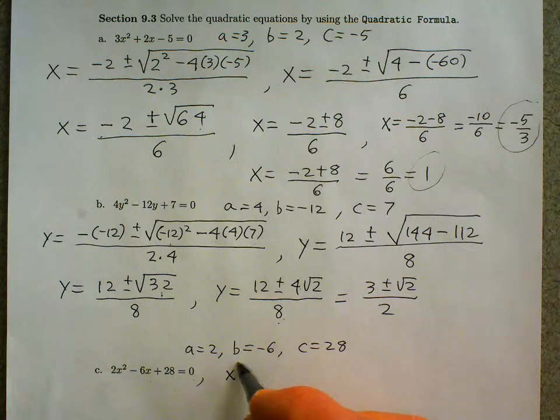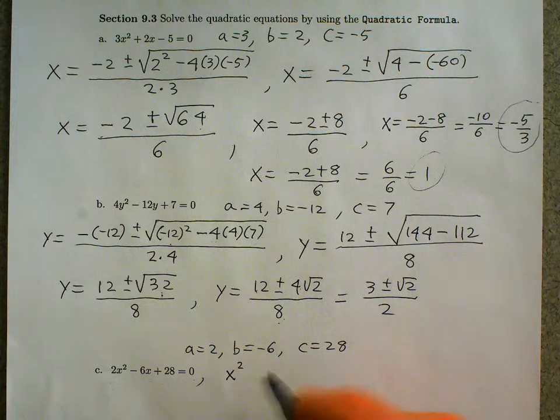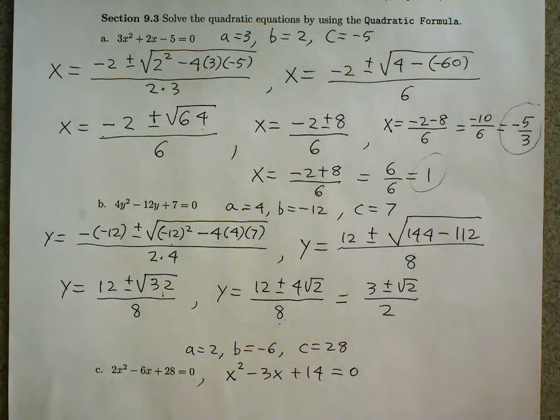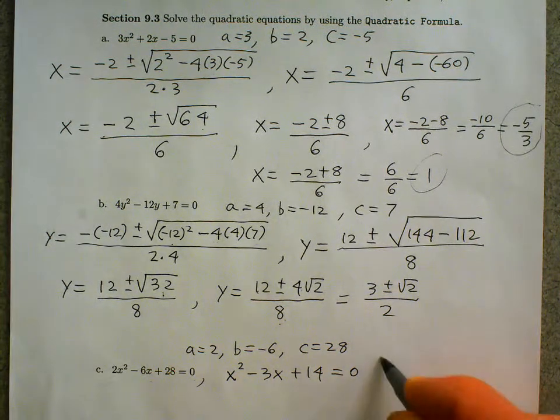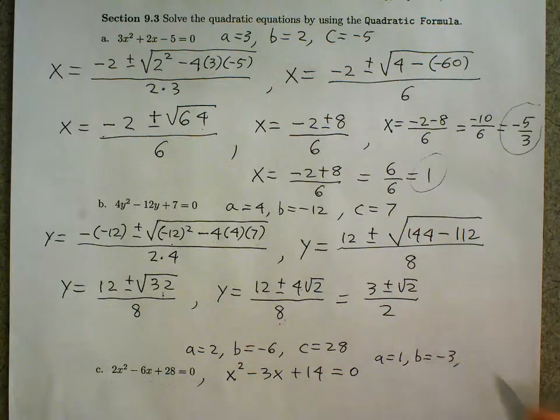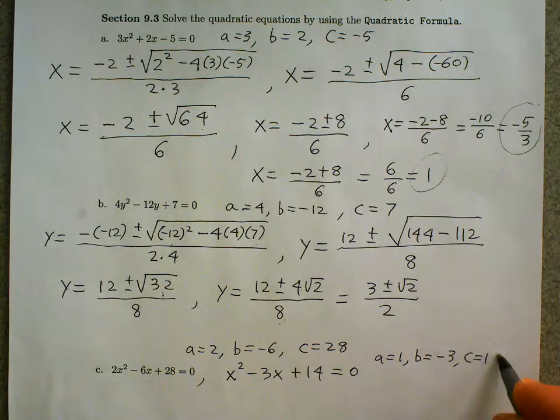But when we divide every term on both sides by 2, we get x squared minus 3x plus 14 equals 0. The solutions to the two equations are exactly the same. But let's solve this one with a equals 1, b equals negative 3, and c equals positive 14.